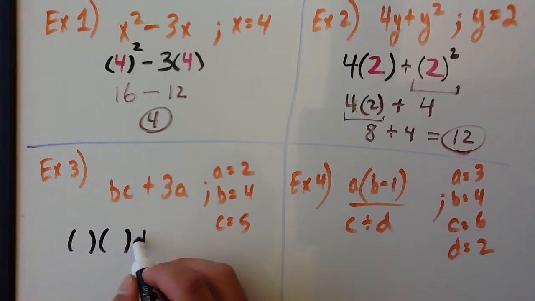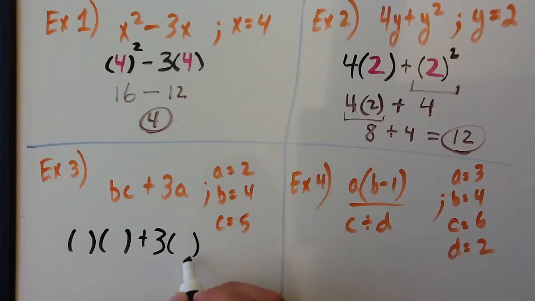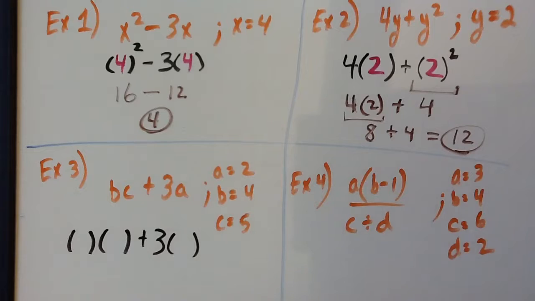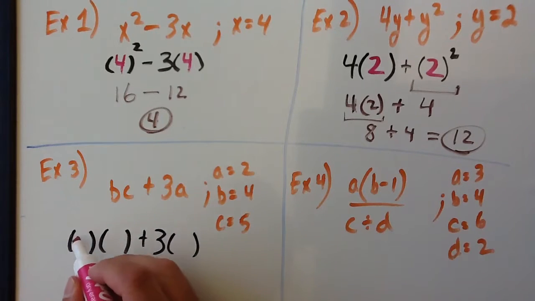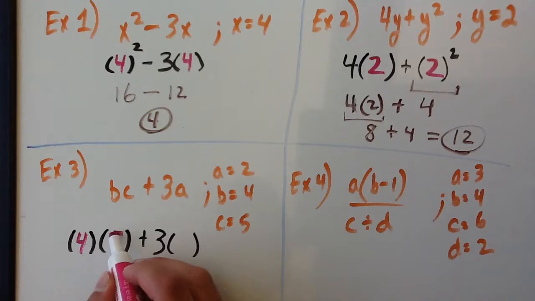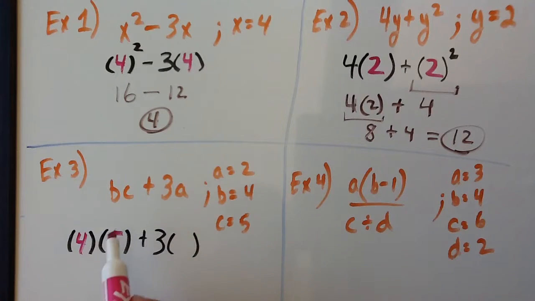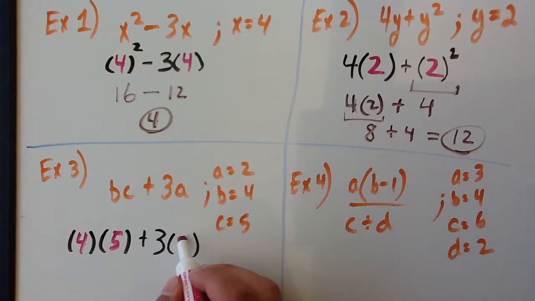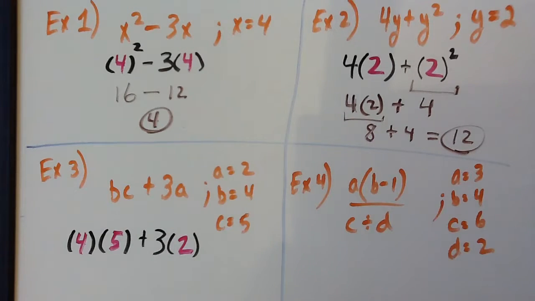B times C plus 3A, or 3 times A. Okay, now be sure you plug in the correct value for each variable. The first variable is b. b is equal to 4, so I'm going to put a 4 right there. C is equal to 5, so BC is b times c, or in this case 4 times 5, plus 3 times a. A is equal to 2, so I'm going to plug 2 in for a.